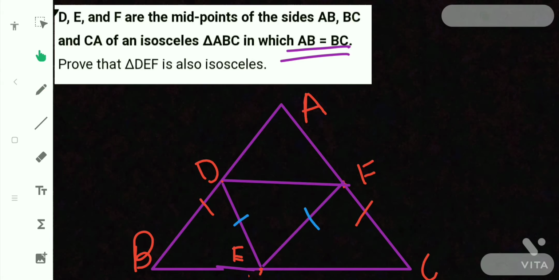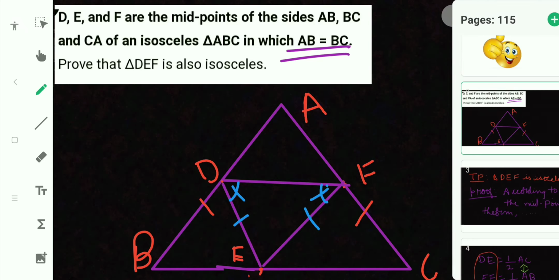Any triangle with two equal sides is known as isosceles, and the angles opposite those lines also will be equal. So this triangle is an isosceles triangle.